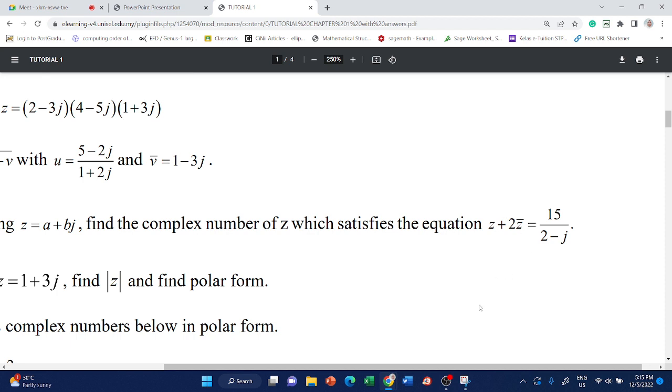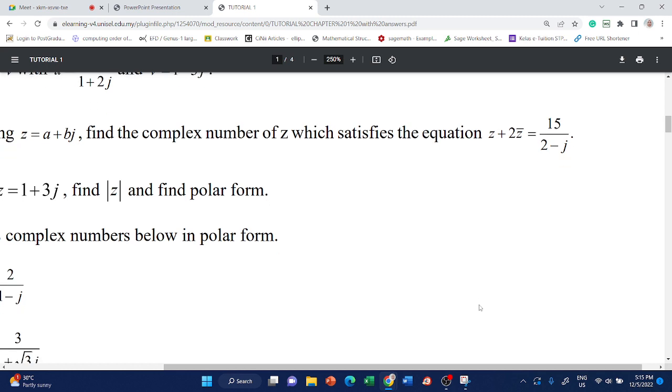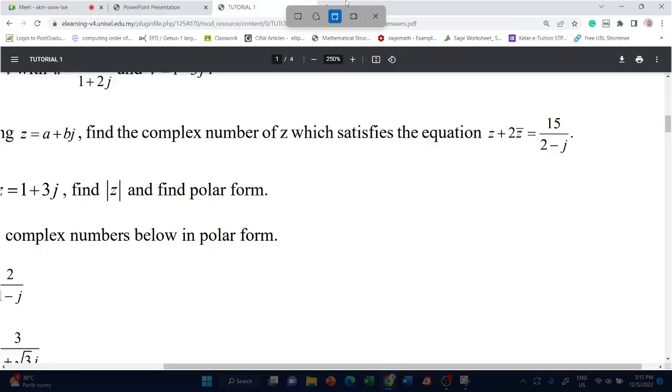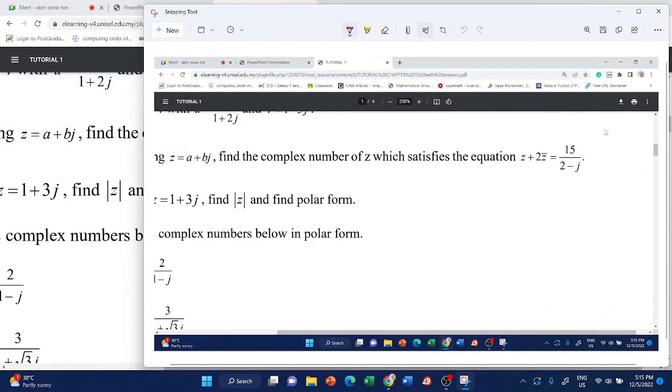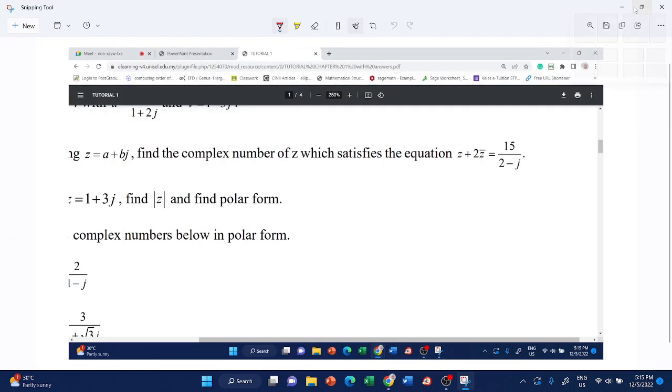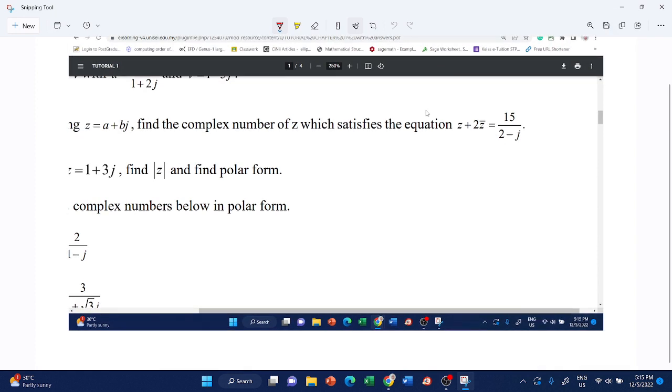So to z, you do left hand side. Okay, so buat dulu sebelah kiri. So your z, okay, this z means conjugate, right?